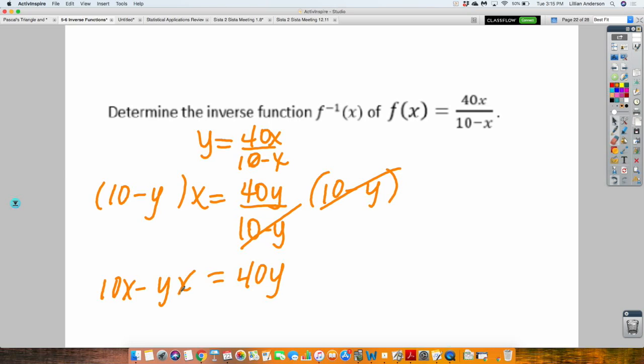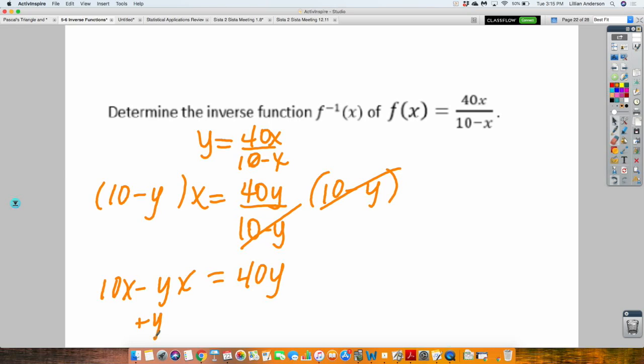And what am I left with on the left-hand side? 10x minus yx. Now remember, your goal at this point is to solve for y, which means I need to get y by itself. But what do I see here? There's 2 y's. So shouldn't I potentially get them all on the same side?